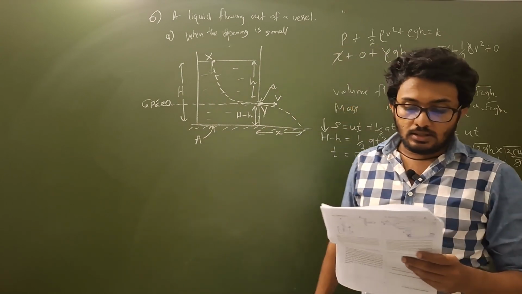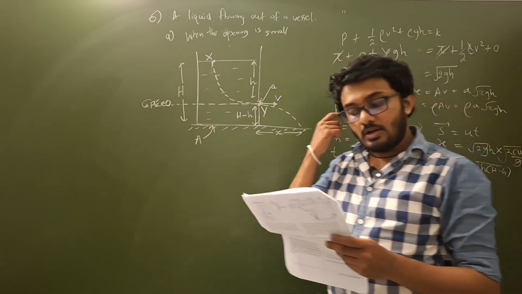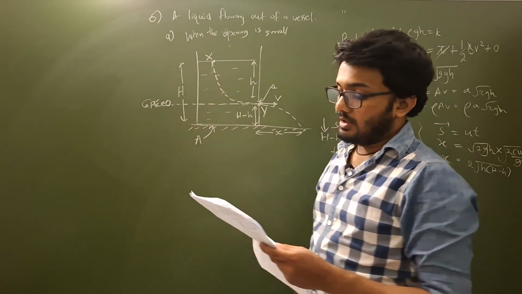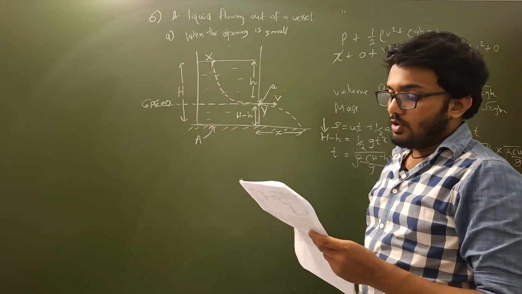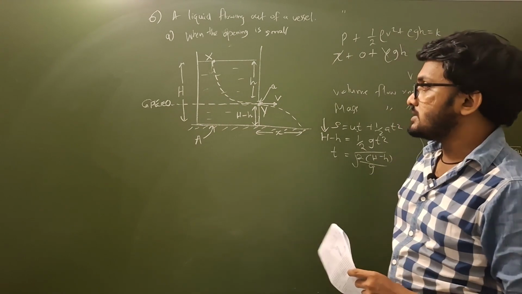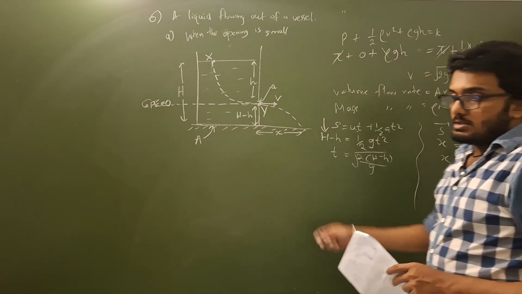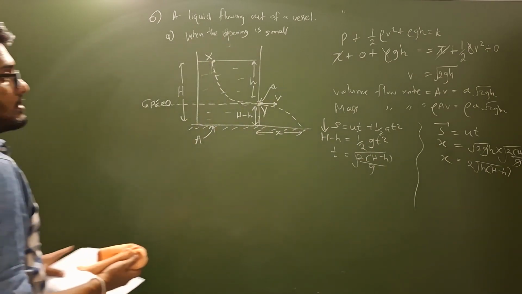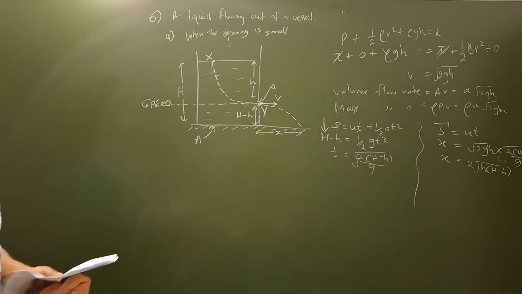Now let's consider a vessel filled with liquid up to height h, the same type of vessel with a series of holes made vertically along the vessel. I will keep this diagram as it is. Now you have to write.